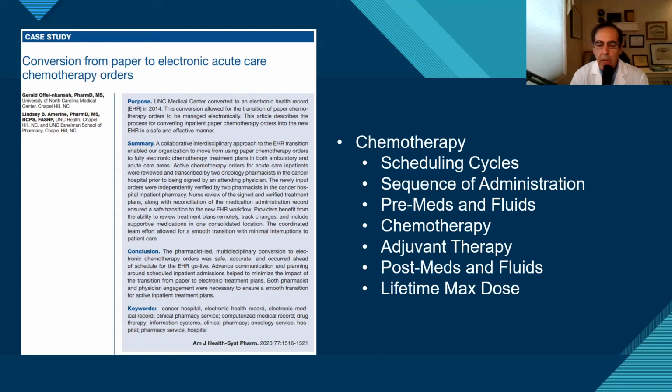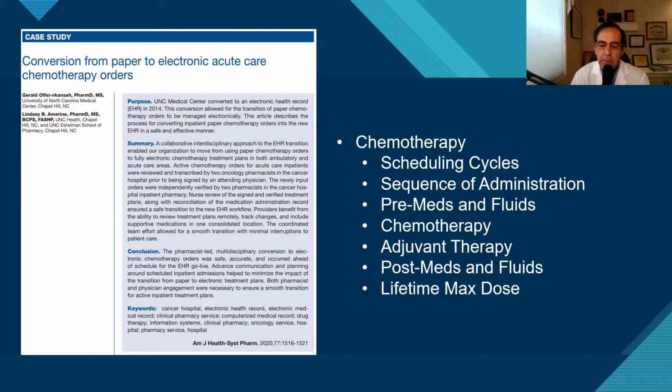And then we actually give the chemotherapy, and then we might give an adjuvant therapy. So if we're giving ifosfamide therapy, then we also have to consider giving the mesna and where that fits in terms of the sequence.